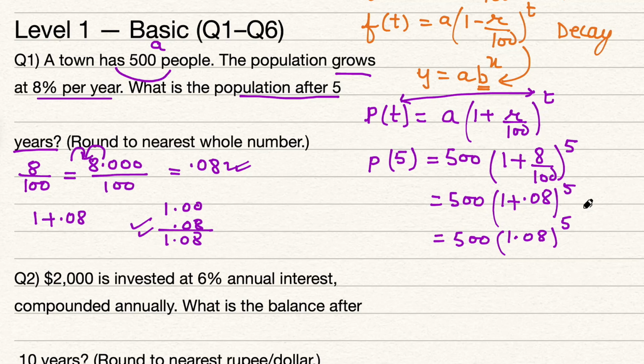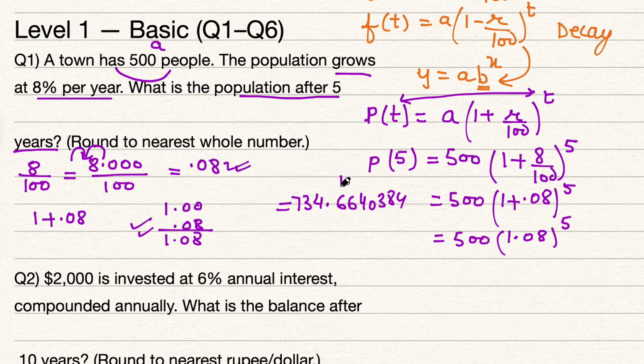Now this is a high power, right? So definitely we can use a calculator in this. Let's do that. So this is equal to 734.6640384. Okay, leave it. And we have to answer to a whole number, so that means we have to remove the decimal.